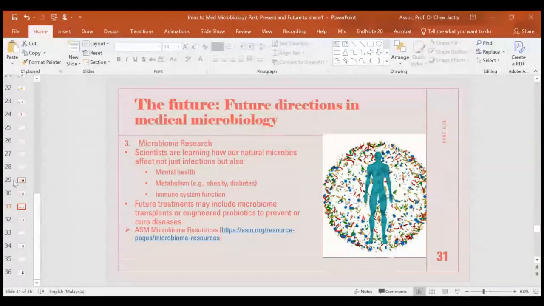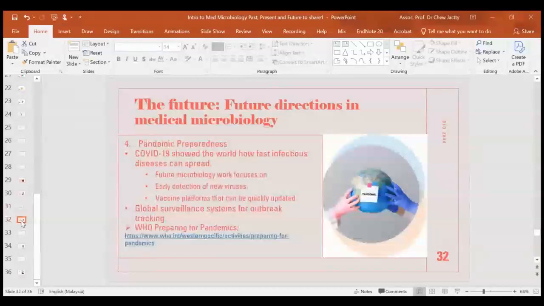So at the moment, microbiology is no longer the conventional way. It should be more than just identification of bacteria, the study of one single bacteria in the human body and how that causes infectious diseases. And the next thing that I think is very important for the future direction of medical microbiology is pandemic preparedness.